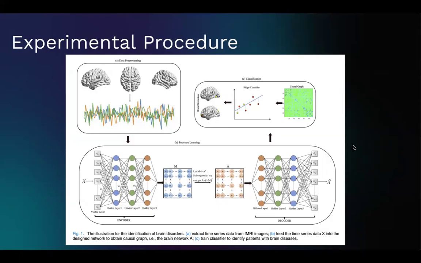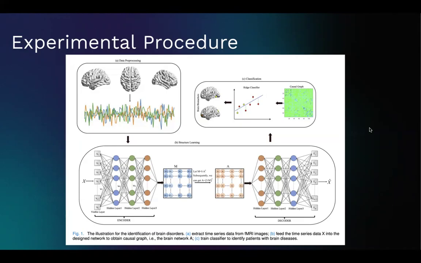Once they train this model using this ELBO lower bound, they throw away the decoder, and then they encode the entire data set to this adjacency matrix representation. From there, they use the adjacency matrix as input to a classifier, which tries to predict the disease or diagnosis of the subject.